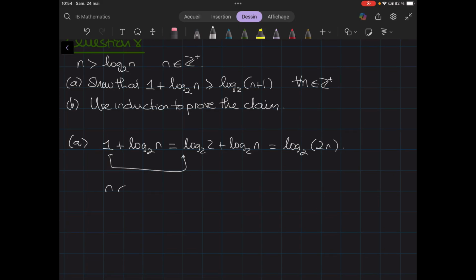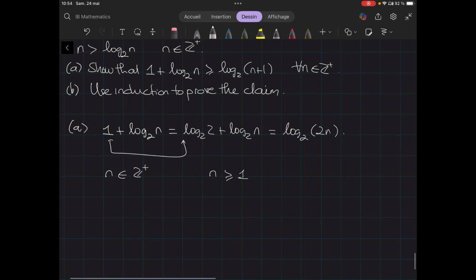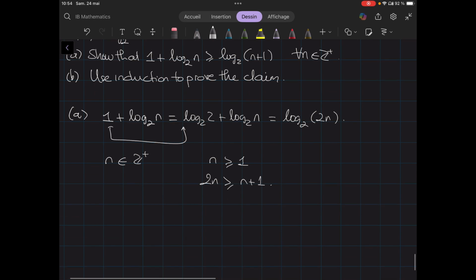Since n is a positive integer, we know that n is greater or equal to 1. If we add n to both sides of the inequality, we will get 2n is greater or equal to n plus 1. Thus, log base 2 of 2n is greater or equal to log base 2 of n plus 1.